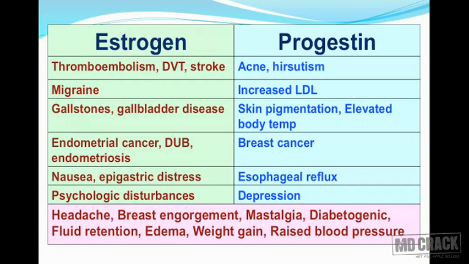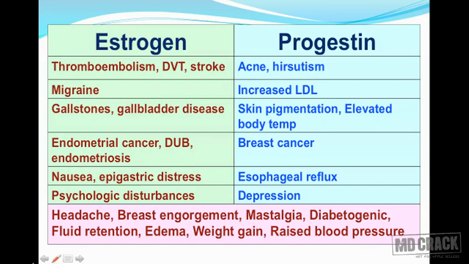Now I have brought something for you, and this is going to clarify your confusion about this chapter as far as the adverse effects are concerned. Which adverse effects are typical estrogenic, which ones are typical progestogenic, and which ones are common to both are shown on this table. Please have a look at this table.